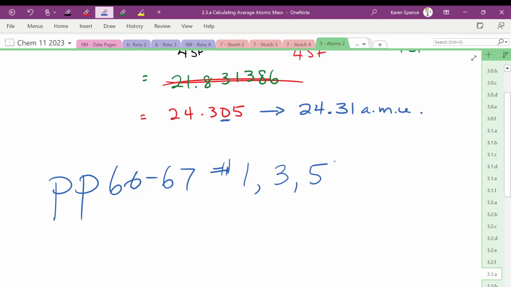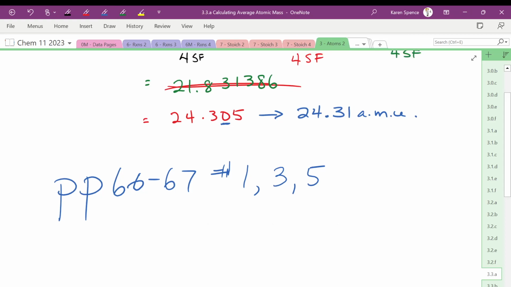That seems odd. It shouldn't be off by that much.